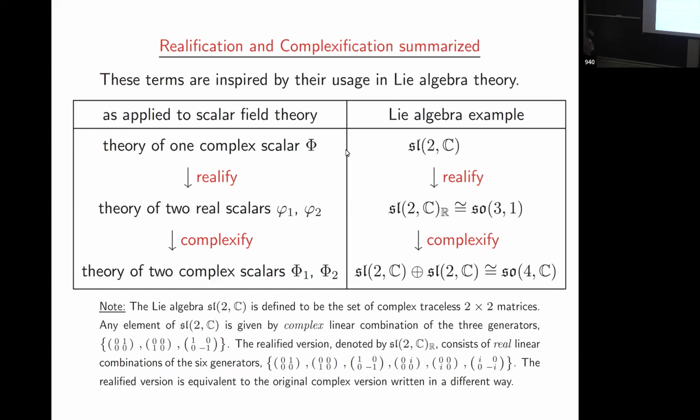And just to give you an example, if I take the Lie algebra SL2C, which is the set of complex traceless 2x2 matrices, I can first realify it. What does that mean? An element of SL2C is a complex linear combination of those 3 generators, but I can just as well write it as the real linear combination of these 6 generators. That doesn't change the nature of the group, the algebra. It's the same algebra, but I give it a notation, SL2C_R, because it has 6 generators.